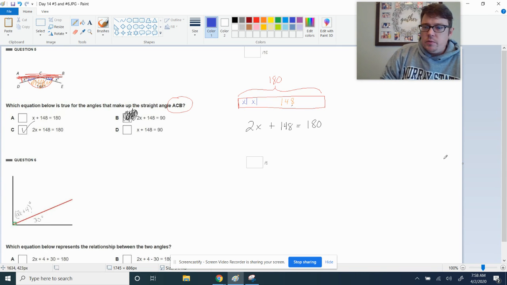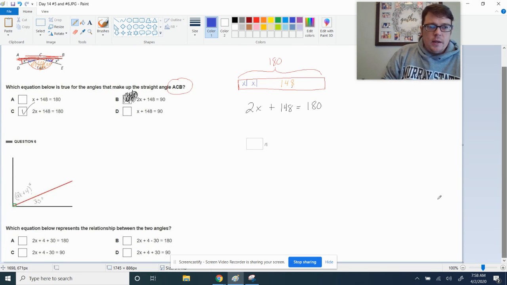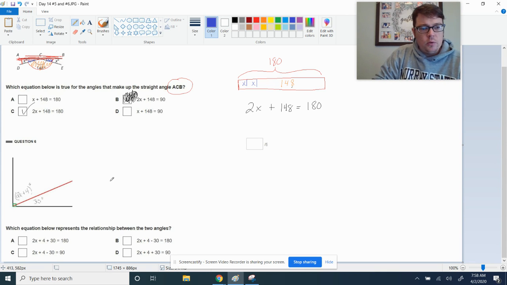The number 6 question right here is not a straight angle. It's not vertical angles. This little green box right here is telling me that we have a pair of complementary angles. Remember the complementary angles: giving somebody a compliment is the right thing to do. So it's forming a right angle, complementary.